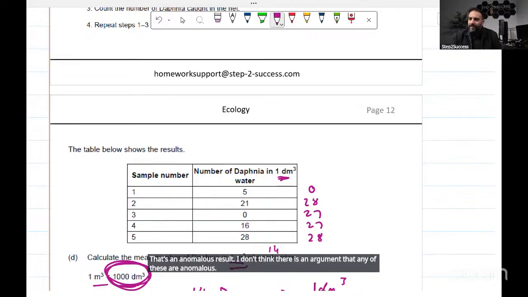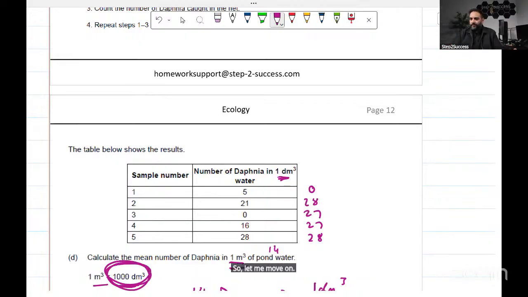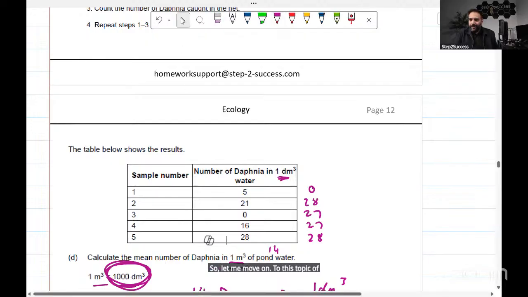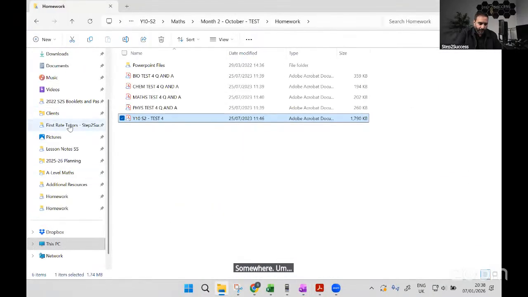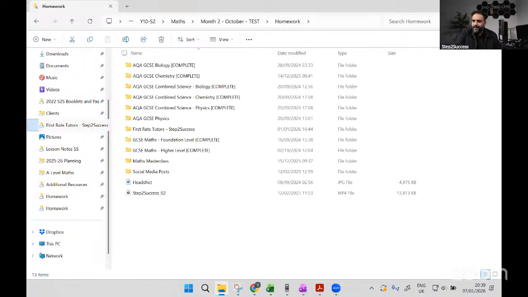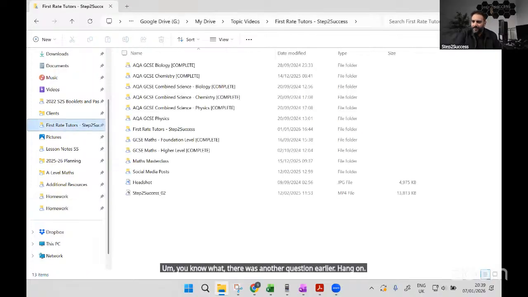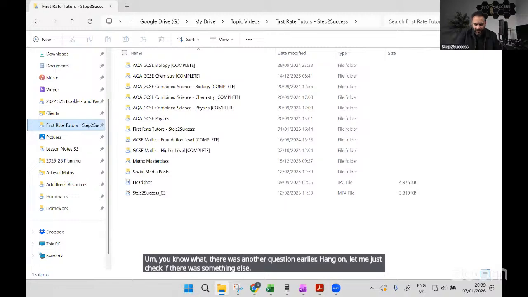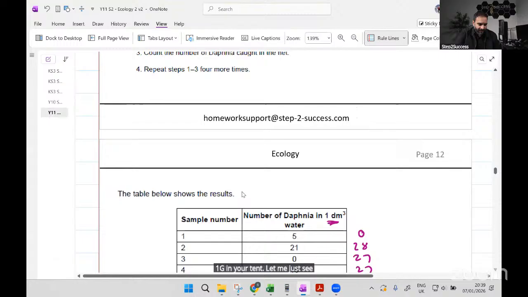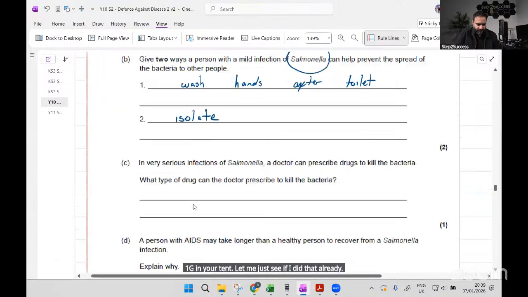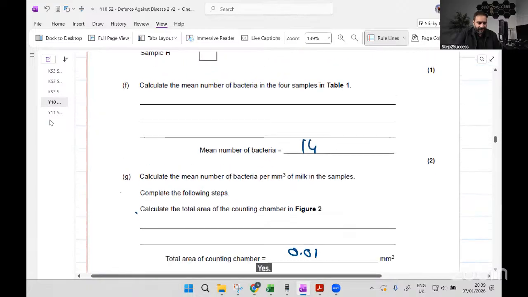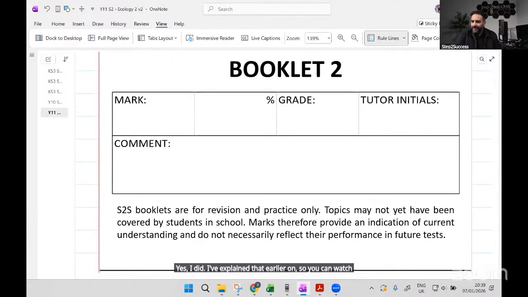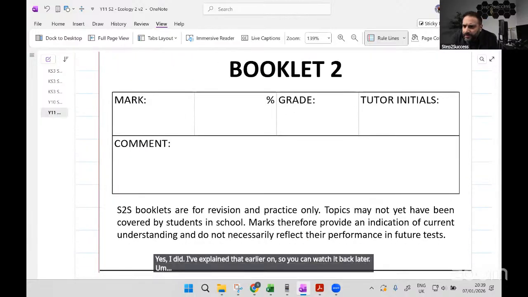So let me move on to this topic of monoclonal antibodies, which is all I want to do, just read through some notes of mine, which I have somewhere. You know what? There was another question earlier. Hang on, let me just check if there was something else. 1G in year 10. Let me just see if I did that already. Yes, I did. So I've explained that in an earlier one, so you can watch it back later. Oh, you know what?